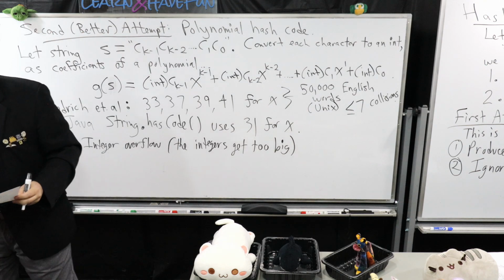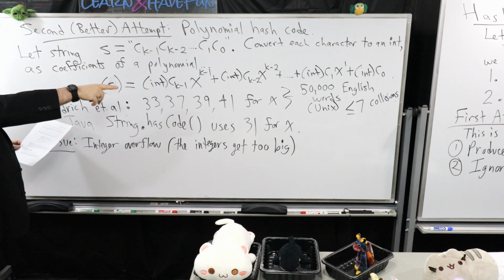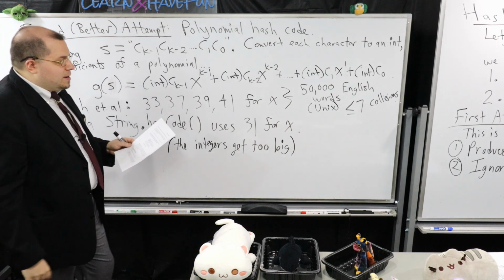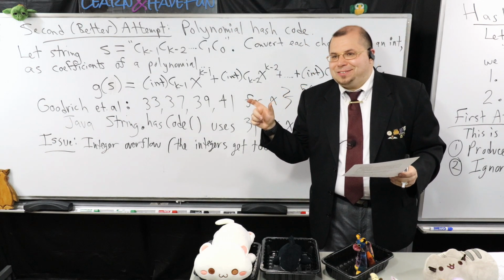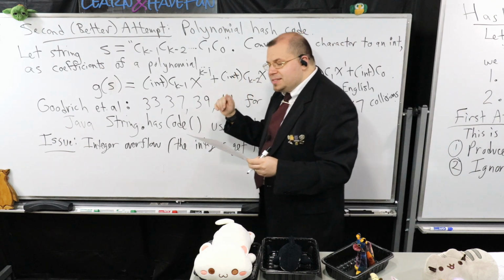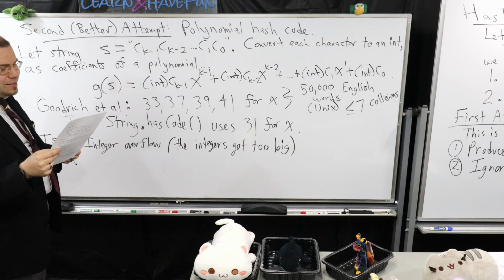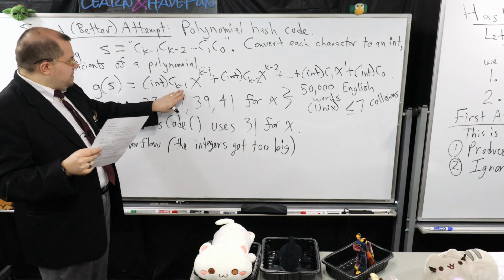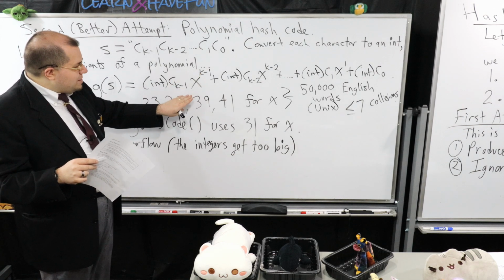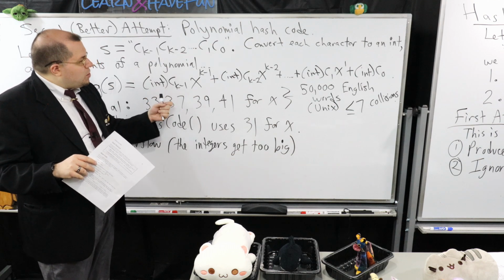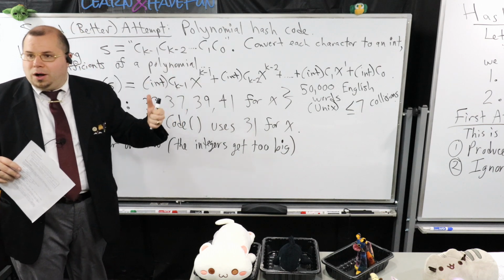Now, here's the beautiful part about this: there is actually a way to rewrite this polynomial that groups the terms but reduces the number of multiplications. For the purposes of time, I'm not going to go into many details about how you group the operations, but you'll notice that I have c1 times x to the k minus 1. Now notice that if I were to multiply by x again, the exponent goes up by 1, right?